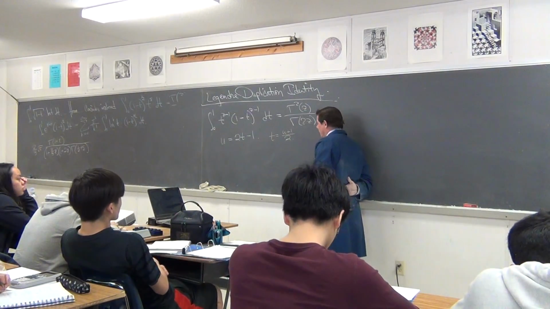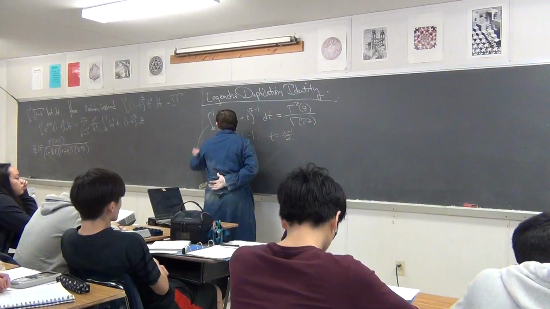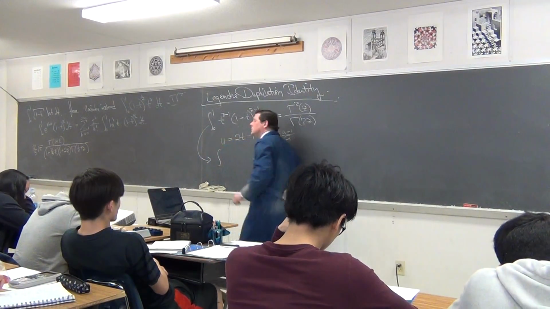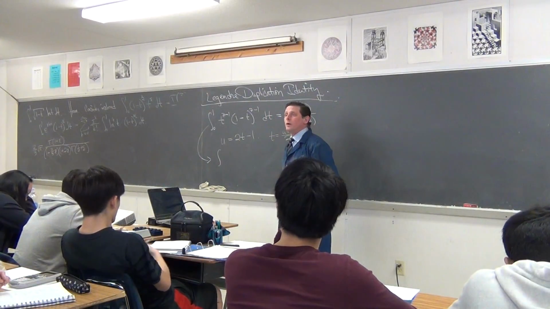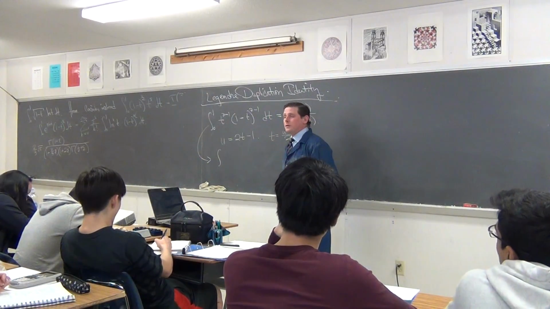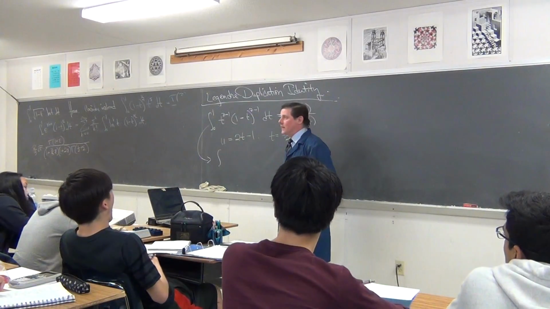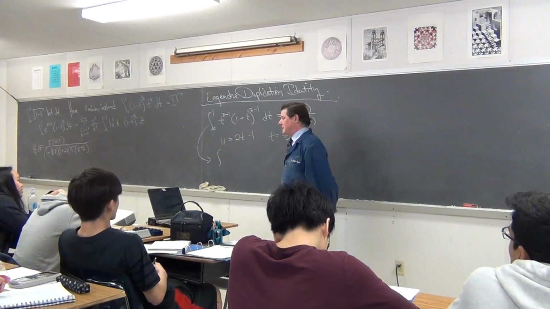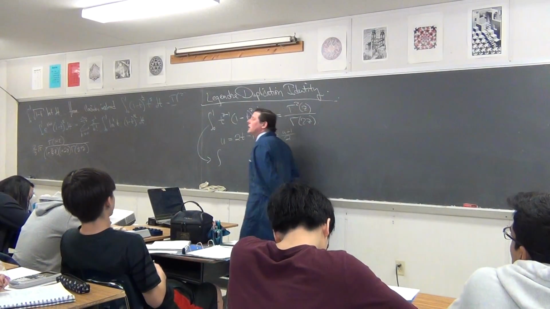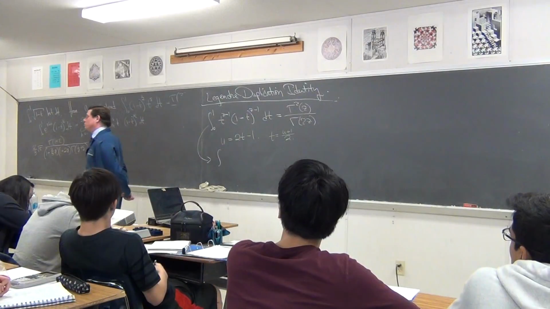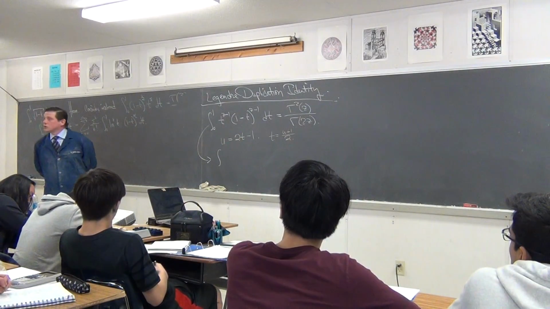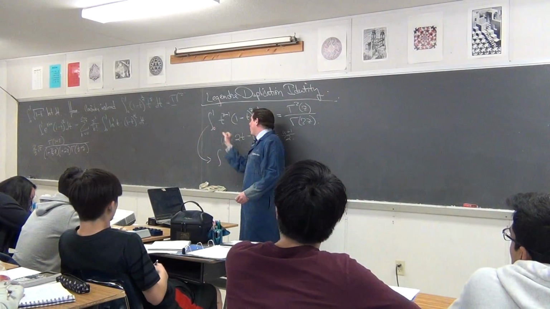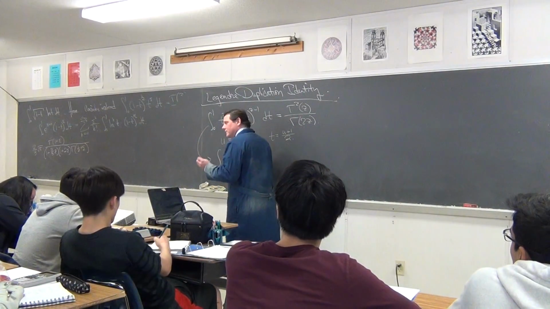So this integral, if I employ this u substitution, will look like this. There are a couple of pieces that students often miss when doing this substitution. The first piece, and also the most universally missed, is changing the integral bounds, because people always forget to do that in BC. If you don't change the bounds, it doesn't matter what else you do, you're going to get it wrong. So, when t equals 0, what is u? Negative 1.